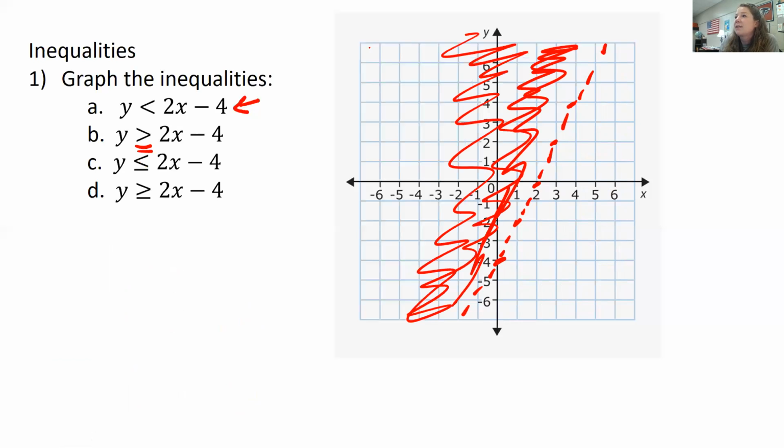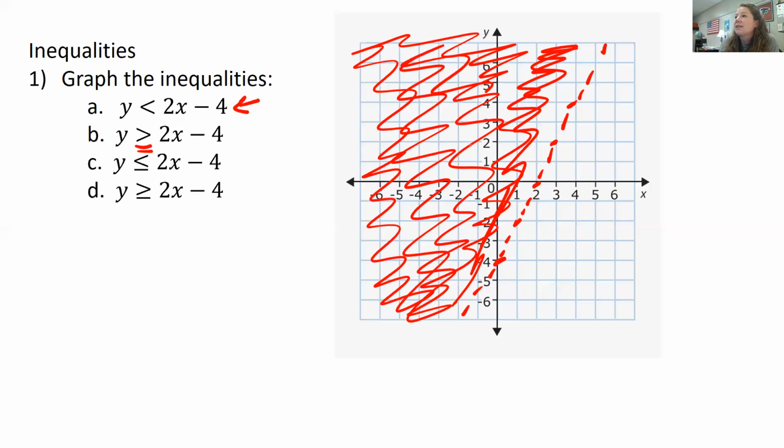Start at the line and point up. Once again, if we plugged in (0, 0) to this, we would find that it is a true statement. (0, 0) is included in that solution set.